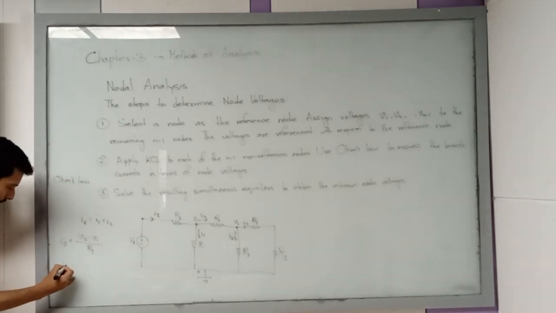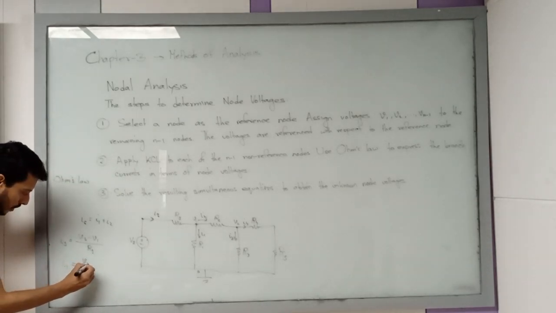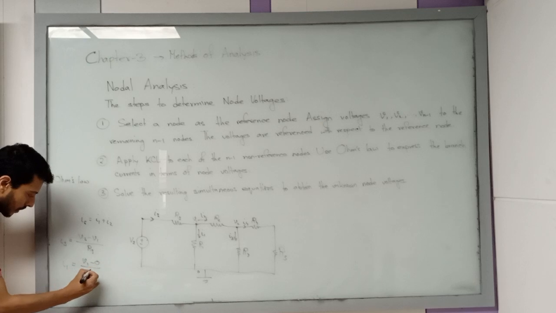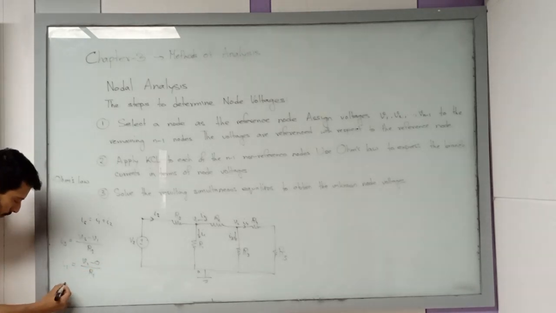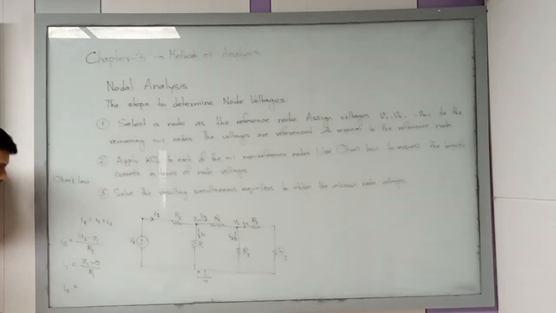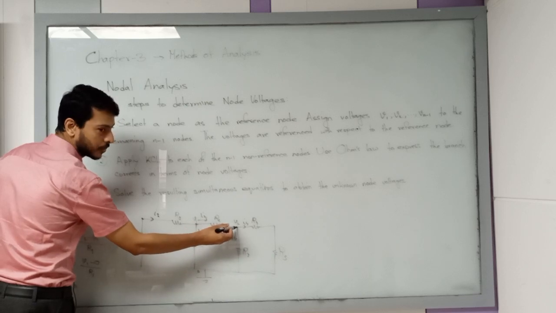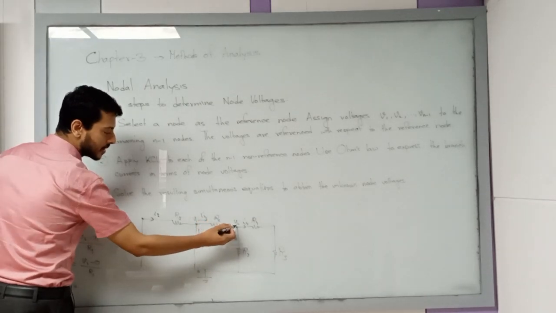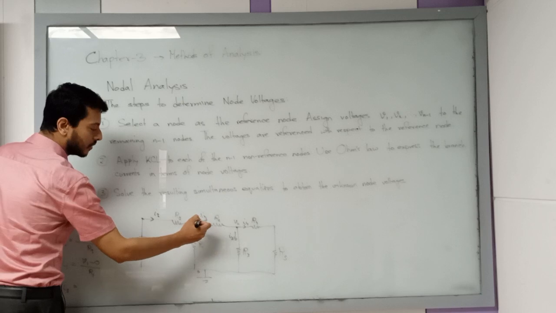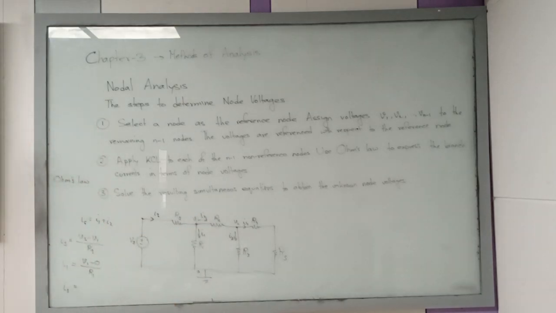So your I1 should be equal to V1 minus 0 divided by R1. What should be I2? Follow the key. V1 minus V2 divided by R2. Depending on the direction of the current, this is higher potential and this is lower potential. So V1 minus V2 divided by R2 will give you I2, the current flowing through R2. Okay?